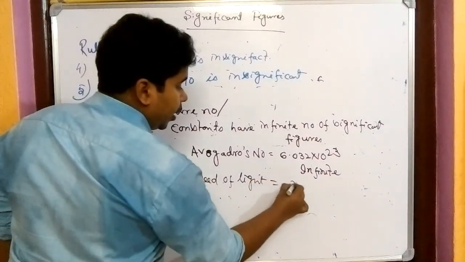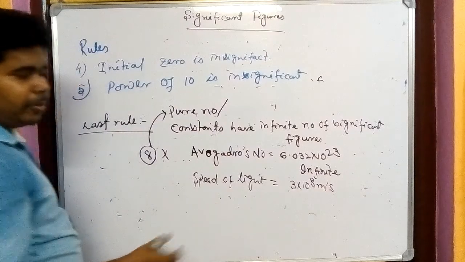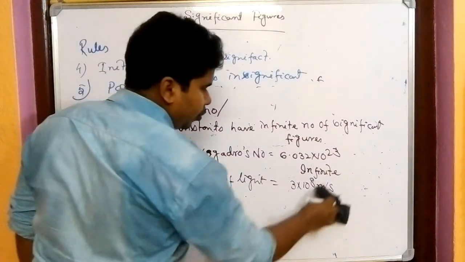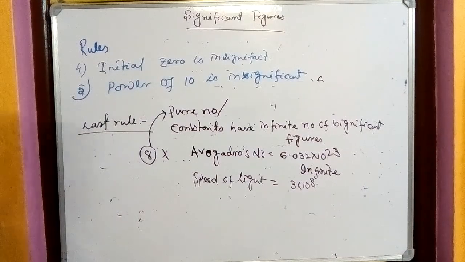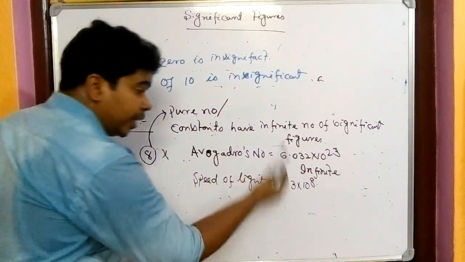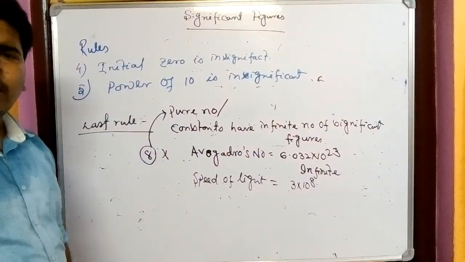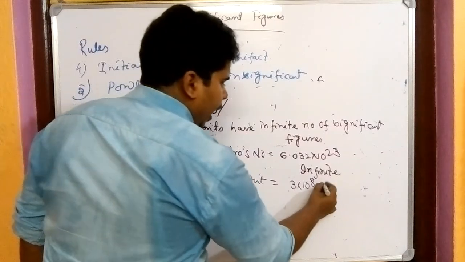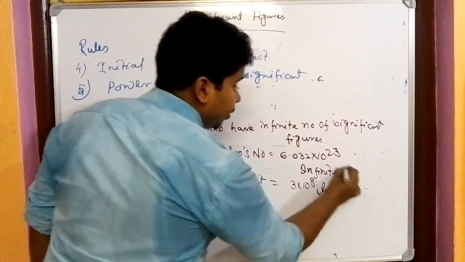It is 3 into 10 to the power 8 meter per second. If I forget about the unit, 3 into 10 to the power 8. For the number of significant figures, you will say, sir, 10 to the power 8 is insignificant, 3 is the only number, so significant figures will be 1. I will say it is wrong. As it is a constant, its number of significant figures is infinite.